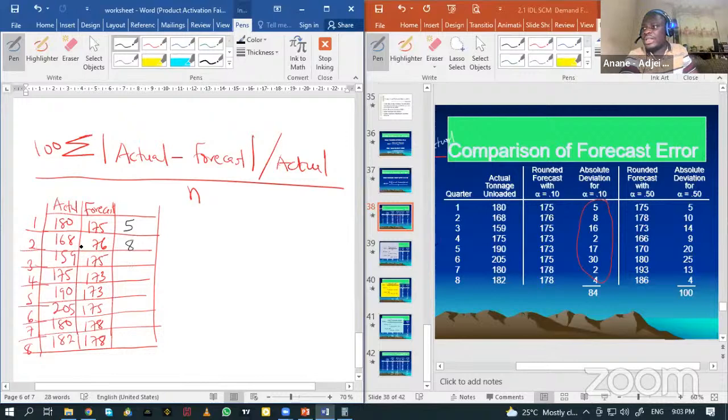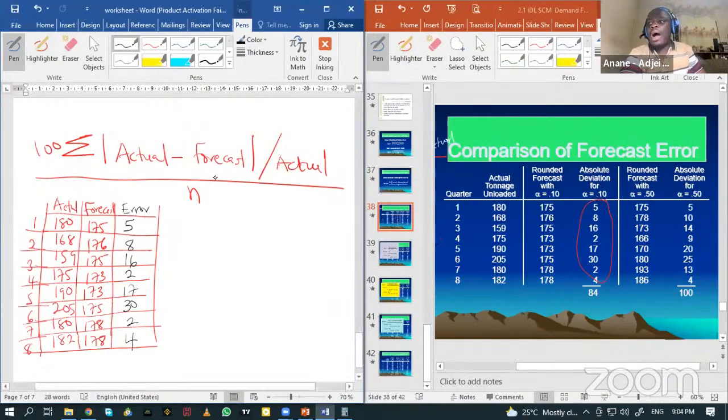This one should have been 176. This is 16, this is 2, this is 17, this is 30, this is 2, and this is 4. Okay, so this is our error.